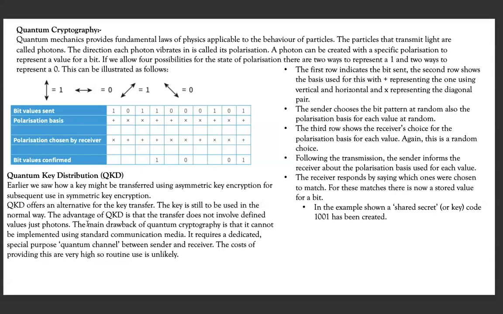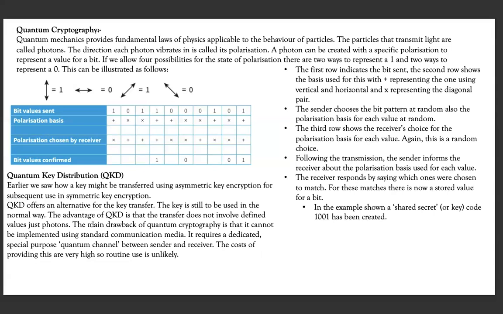So if an unauthorized user is trying to listen in on this transmission, they will not be able to understand what transmission is taking place. And even if they do try to receive the data, the laws of quantum physics will cause that data to change. We'll be looking into that in a bit. But basically, it's extremely difficult for any unauthorized user to listen in on that transmission.